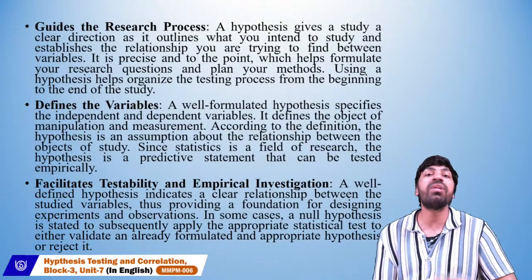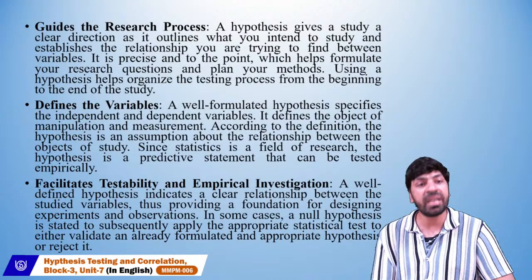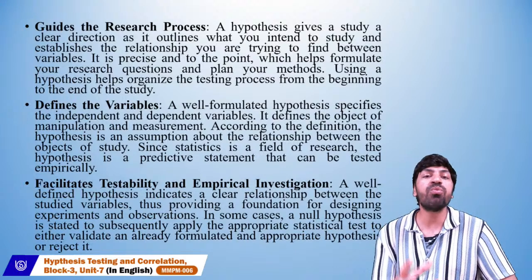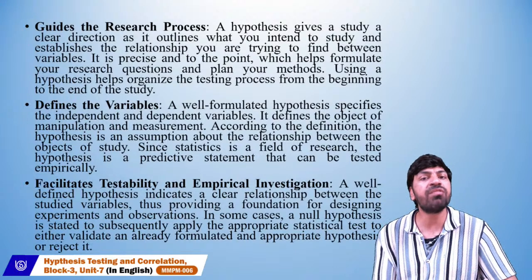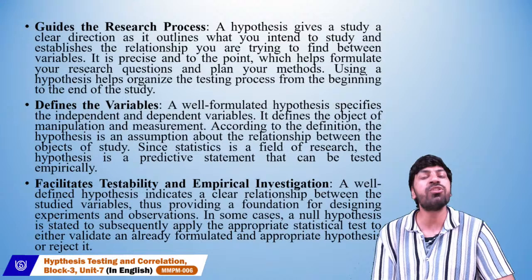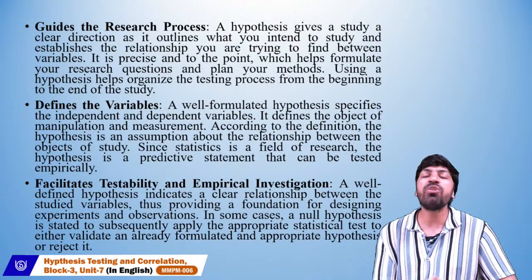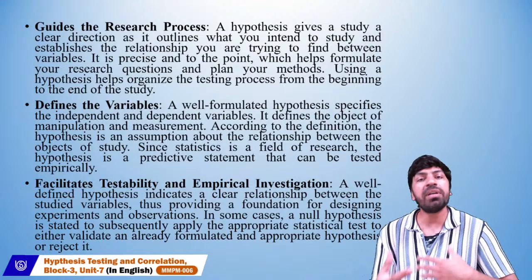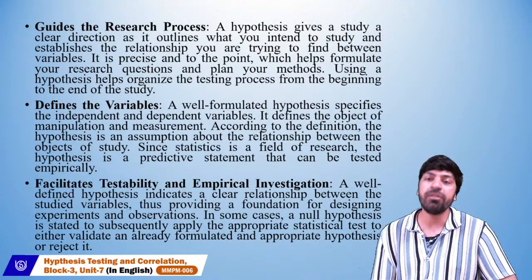We talk about the relationship between two or more variables. It should be very specific and precise to the research title, which helps formulate research questions, and accordingly they plan their methodology.